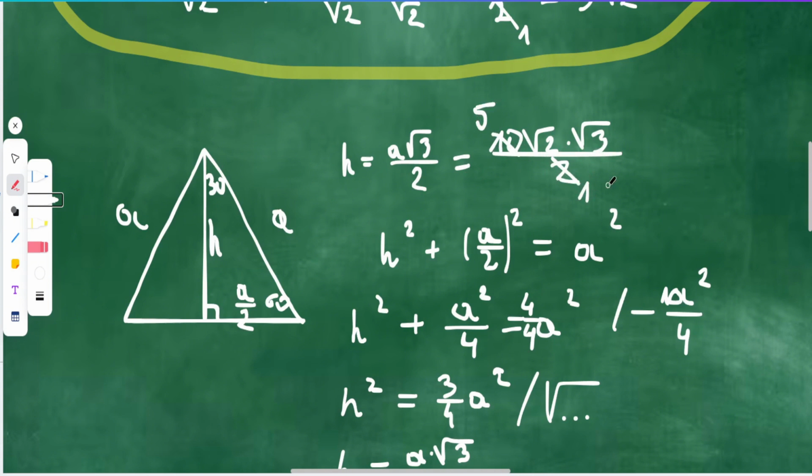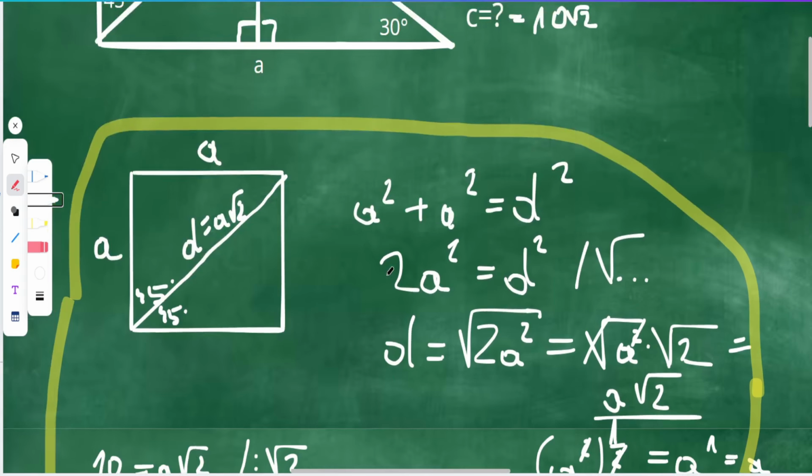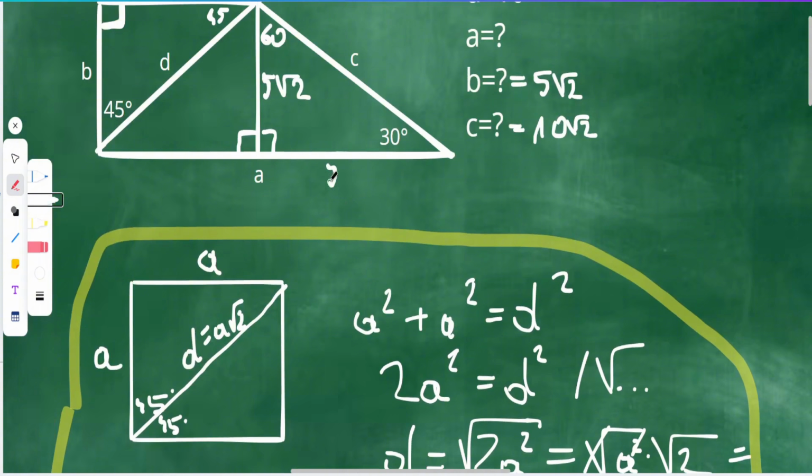And we get 5 roots of 6, because when we multiply roots with the same power, we multiply them. 5 root 6, this is h, so in this place we have 5 roots of 6. But this length corresponds only to this length.